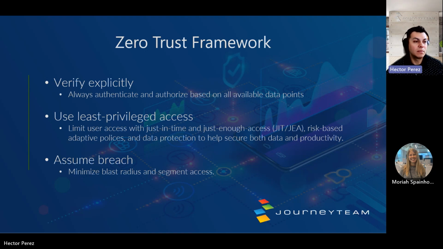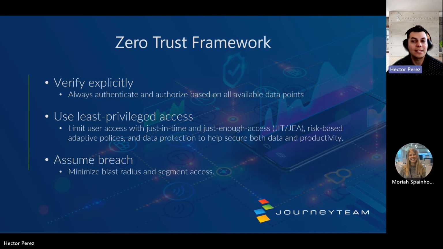And those are tied back to who you are, so your identity, your location where you're trying to authenticate from, the device health, perhaps, and whether or not that device is a corporate managed device, what service or workload you're trying to access, data classification, and any anomalies in behavior for that specific identity trying to access your environment and your cloud services.